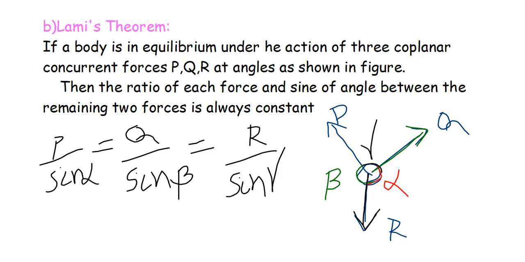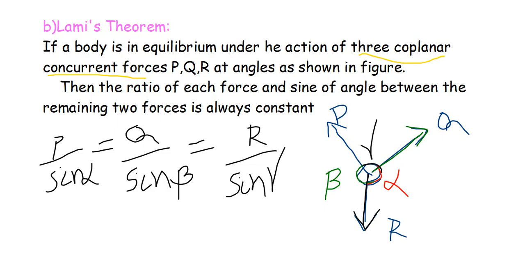If a body is in equilibrium under the action of three coplanar concurrent forces. What do you mean by coplanar concurrent forces? Here the forces are P, Q, R. Coplanar concurrent forces means a set of forces acting in the same plane and they have a single origin.